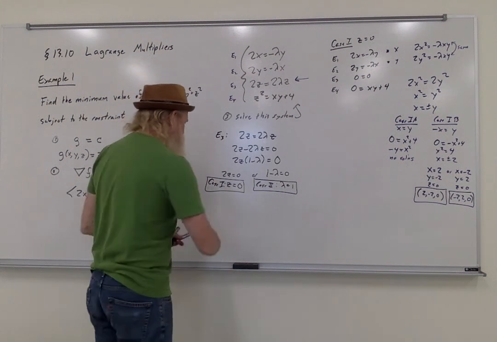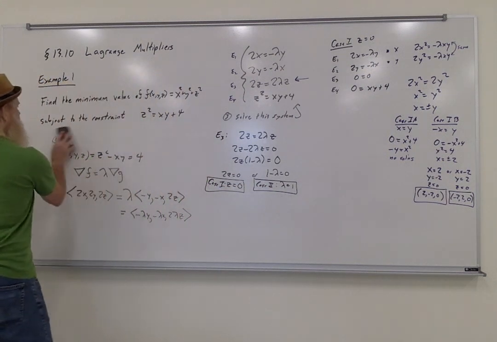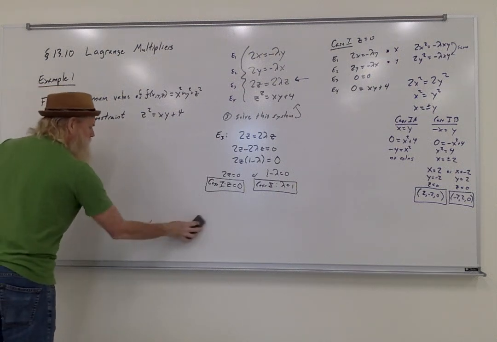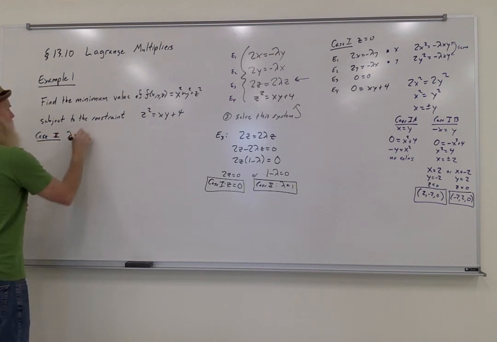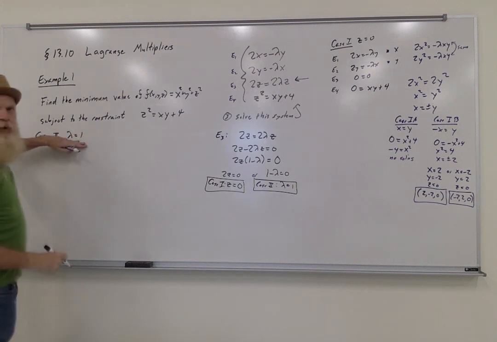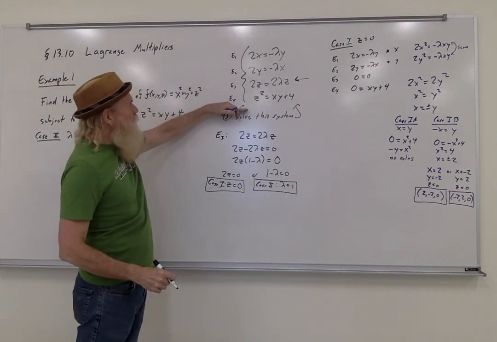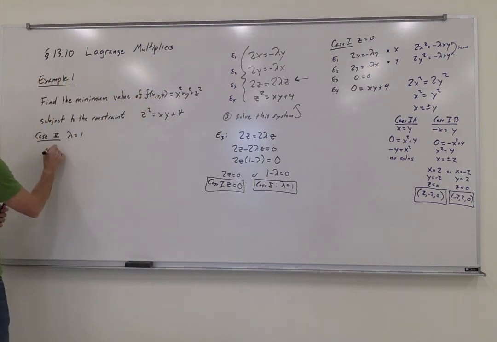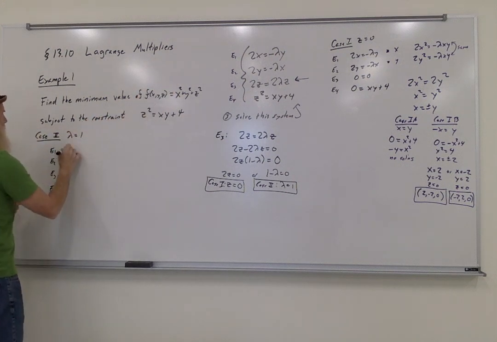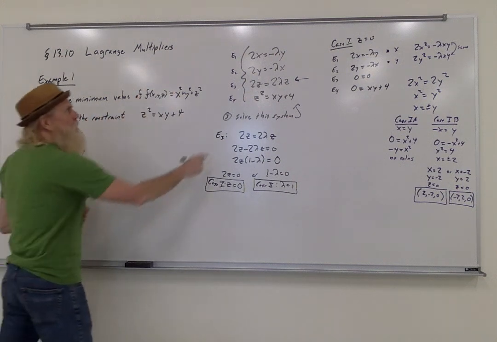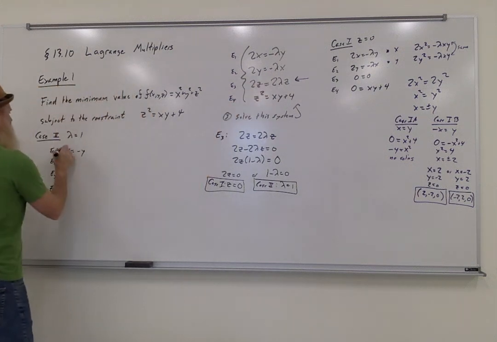Case 2 is going to be when lambda equals 1. I'm going to take lambda equals 1 and substitute it into all four of the equations, equations 1 through 4. Plugging lambda equals 1 into the first equation, I get, sorry, 2x equals negative y.